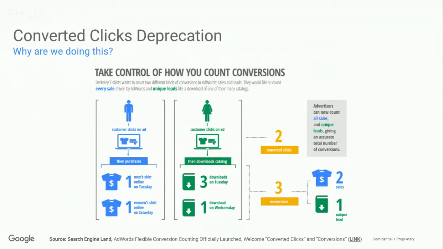If we look at the current system for converted clicks, the activities that I just relayed translates to 2 converted clicks. However, if we look at actual conversions, which would be what matters best to Berkeley T-shirts, and how they want to track their performance, we will actually be able to count 3 conversions. 2 being the shirt sales that the first customer completed on 2 separate days, and 1 being the unique lead from the second customer that downloaded the catalog 3 times.